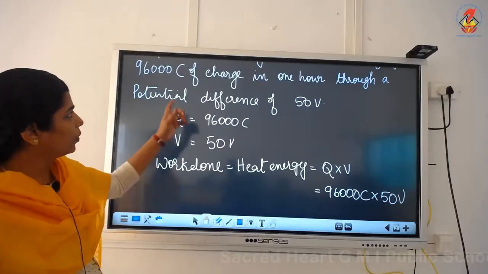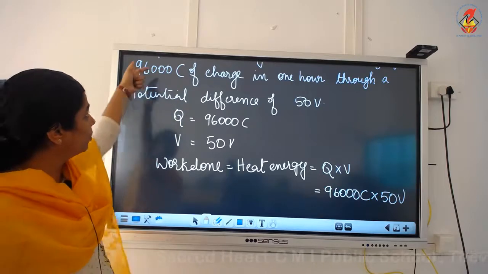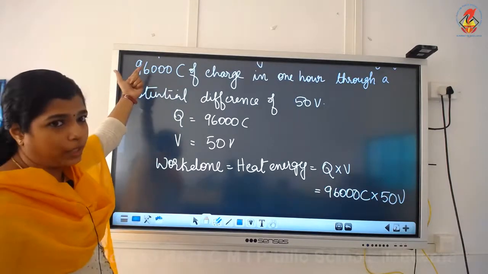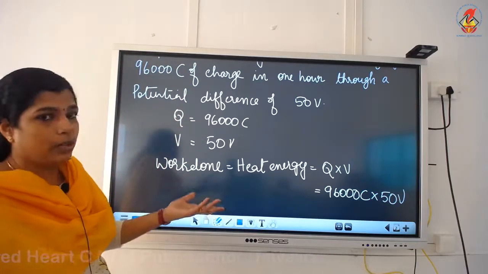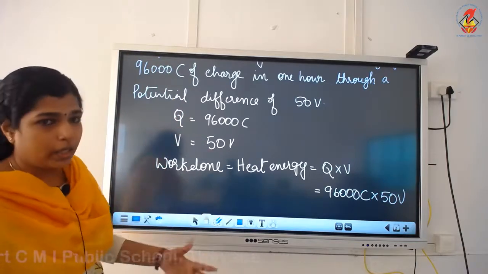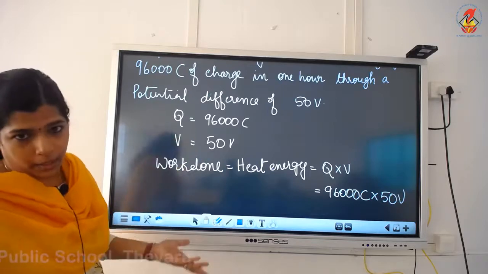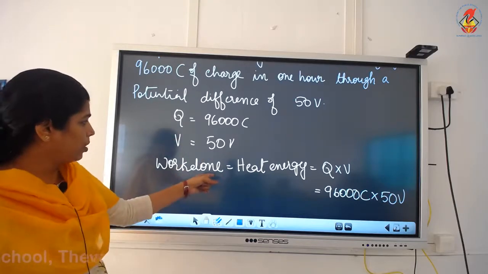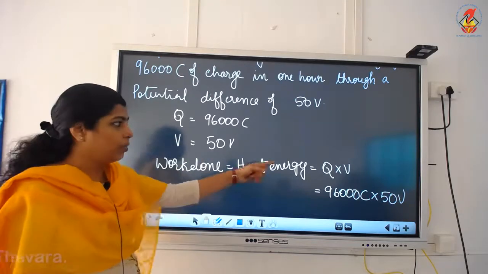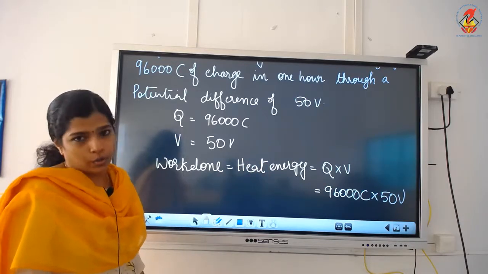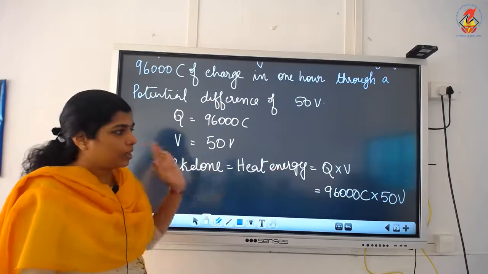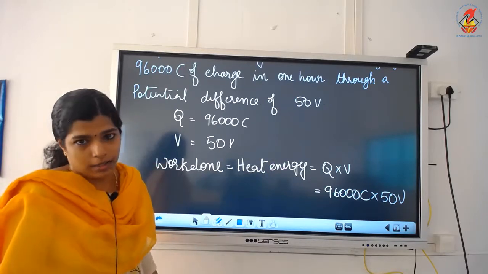So instead of calculating I from I equal to Q by T and using the equation H is equal to I squared RT or VIT or V squared T by R, direct way you can use this equation. Work done is equal to heat energy, that is equal to Q into V. So direct way you can substitute and find the answer.